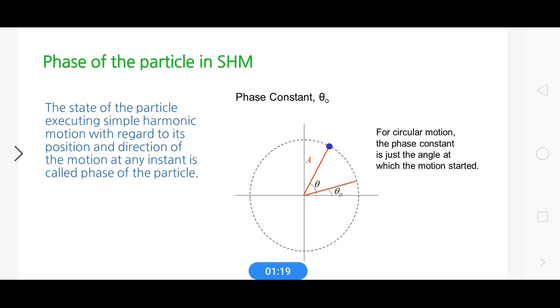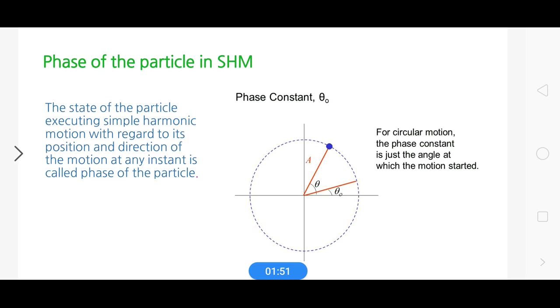Suppose the particle is initially at an angle of theta naught, and it covers an angular displacement theta. Initially, at time t equal to 0 seconds, the particle is at an angle of theta naught, and during the time t it covers an angular displacement theta.